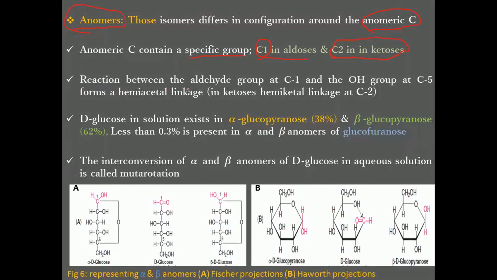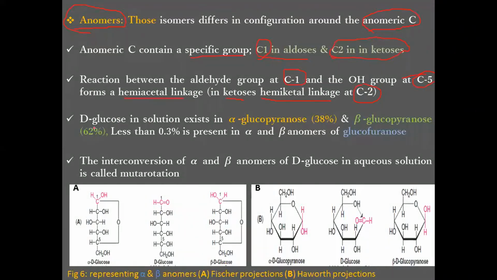Next is the reaction between the aldehyde group at C1 carbon and OH group at C5 carbon forms a hemiacetal linkage. This type of linkage in ketoses is known as hemiketal linkage, and it is formed between carbon 2 and carbon 5 because we know that in ketoses carbon 2 is the anomeric carbon.